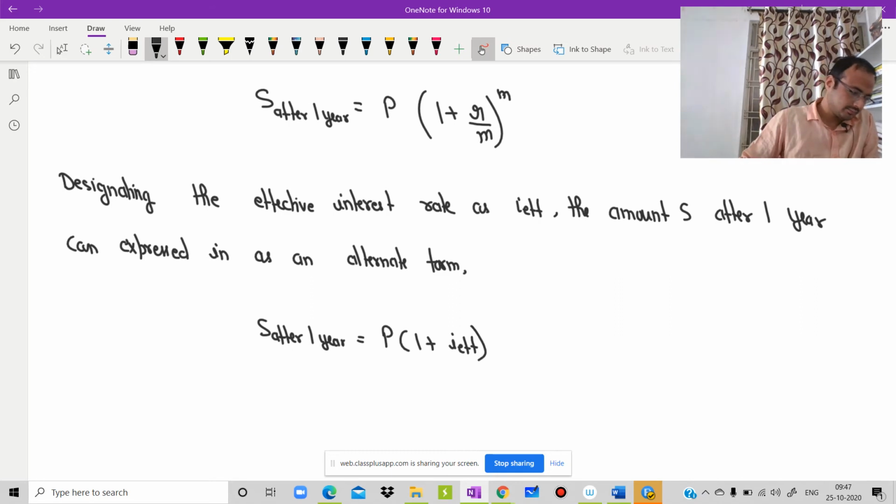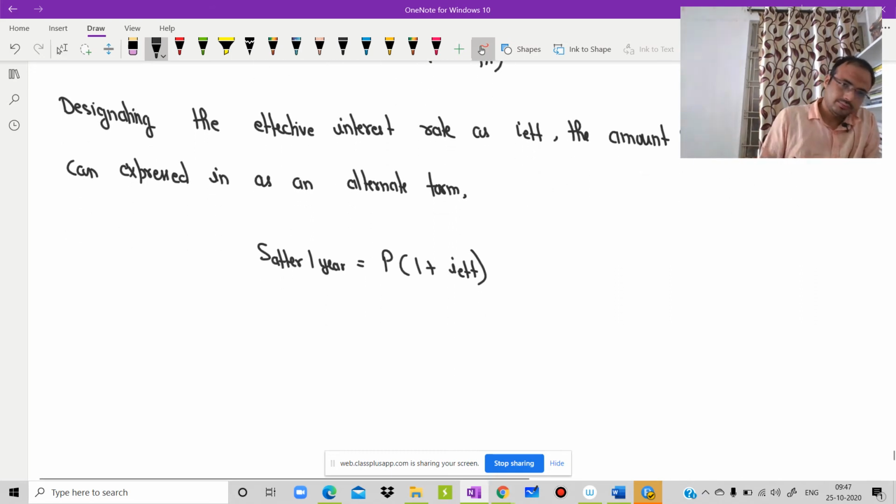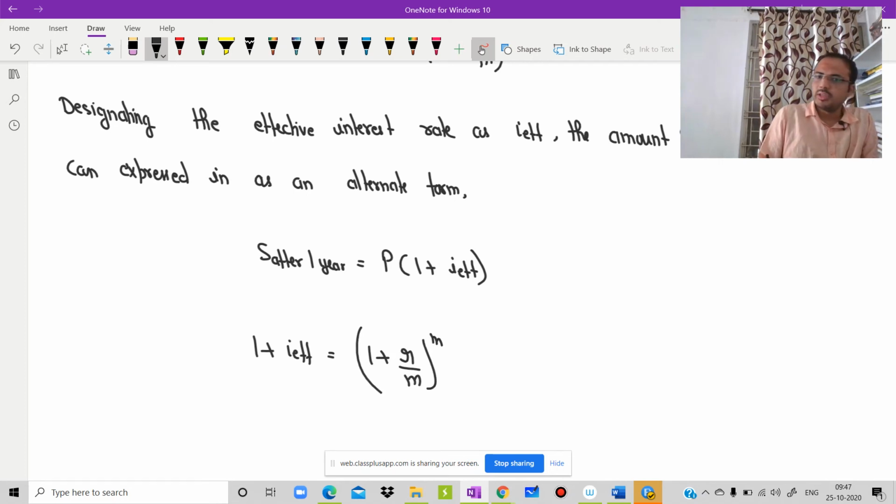Is it clear? So if I compare both the equations, then you will get 1 + i effective = (1 + r/m)^m.